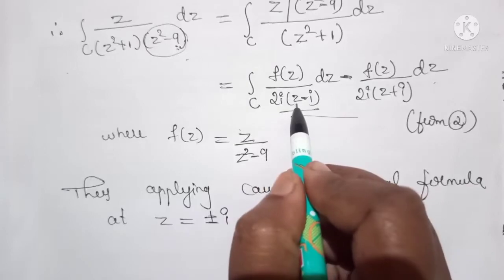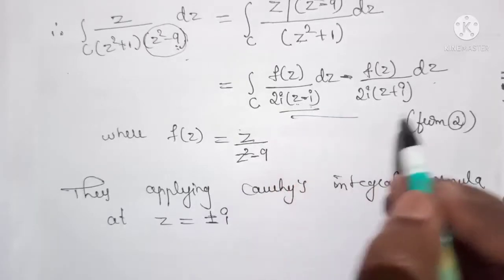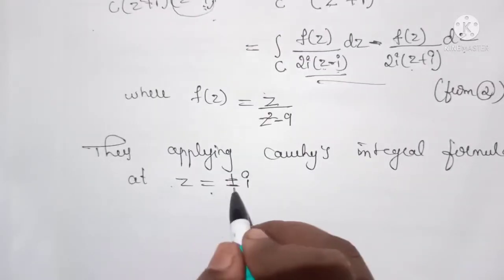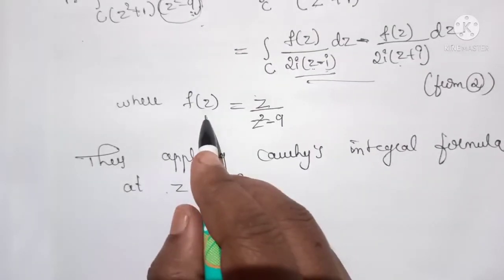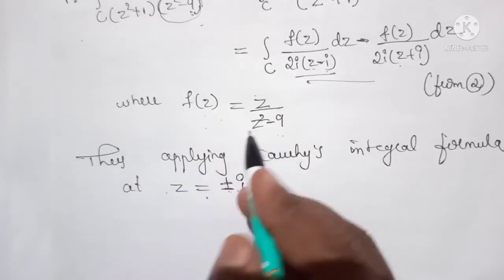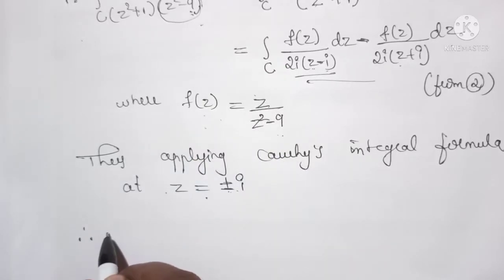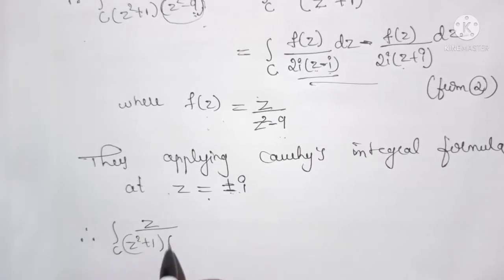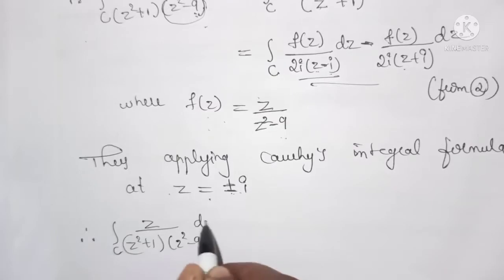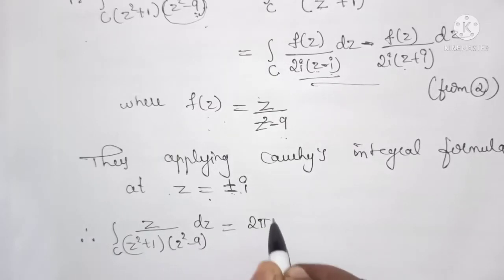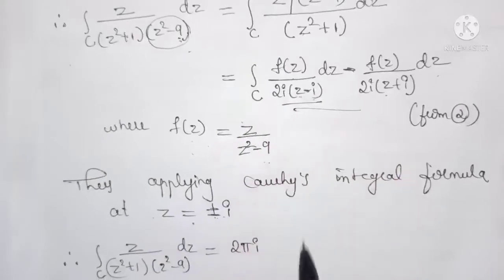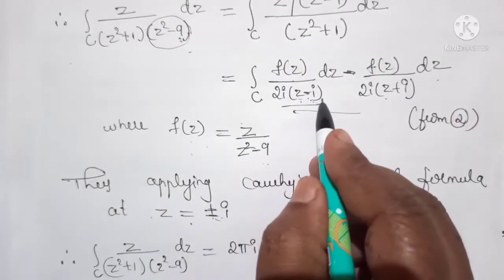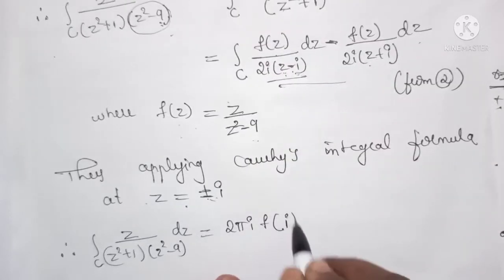For this we get z equals plus i, and for this one we get z equals minus i. At z equals plus or minus i, where f of z equals z divided by z square minus 1, the given integral becomes 2 pi i times f at the point z equals minus i, equating the denominator to 0, we get plus i.